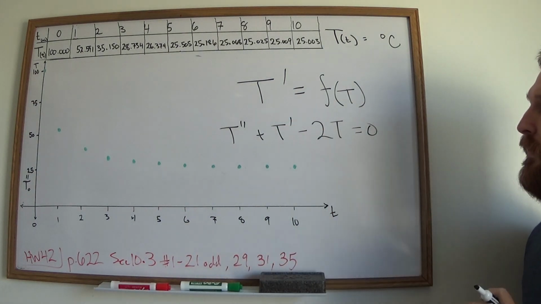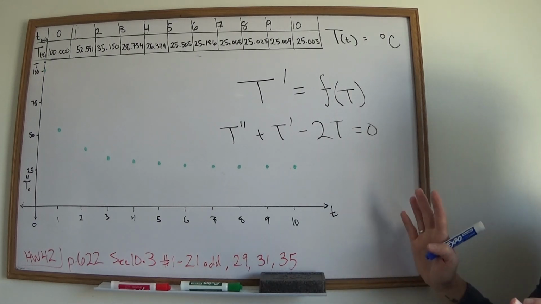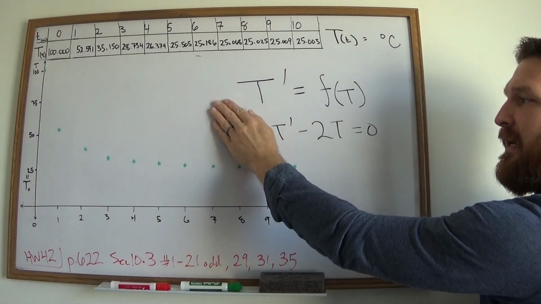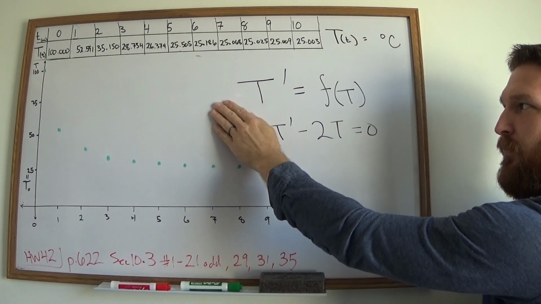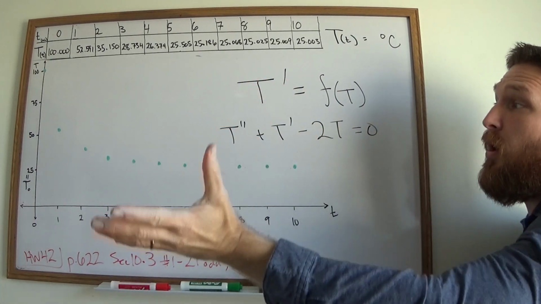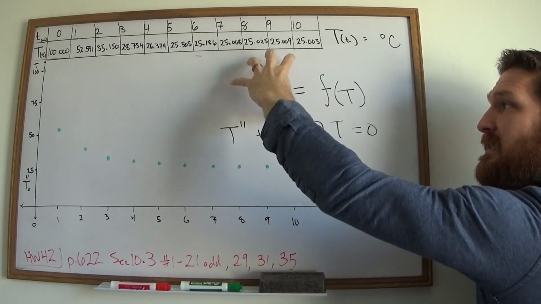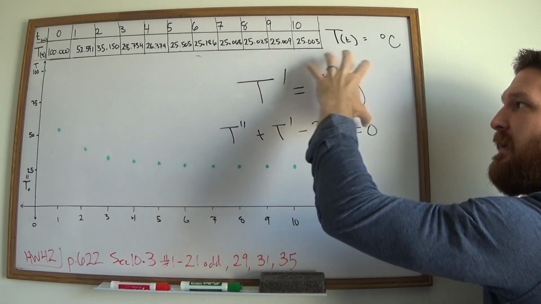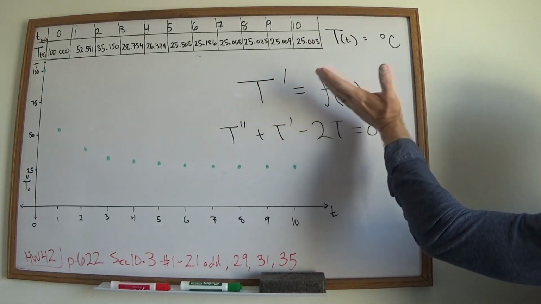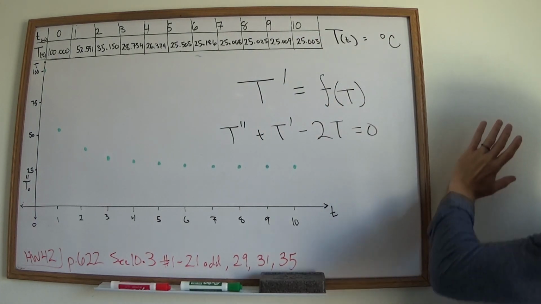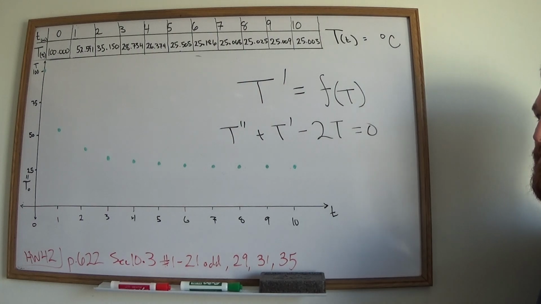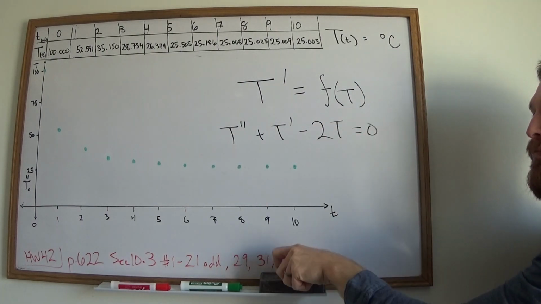That's cool and all, but it would be really nice if there were no second derivatives. If we could turn this into just a T prime by itself, and get all my other T's on the other side, life is going to be much, much easier for us.